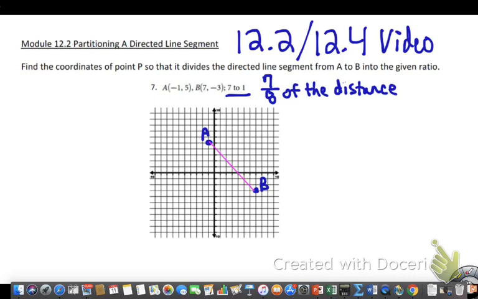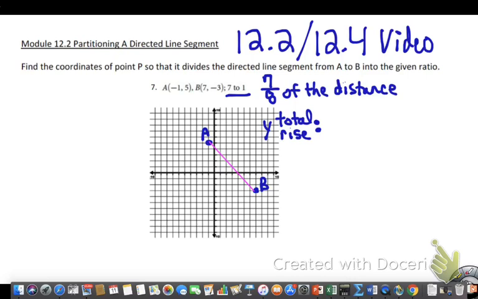All right. So 7/8 of the distance, and then the next thing is we figure out what is the total rise. So total rise, that is the Y, and let's figure out what that is.